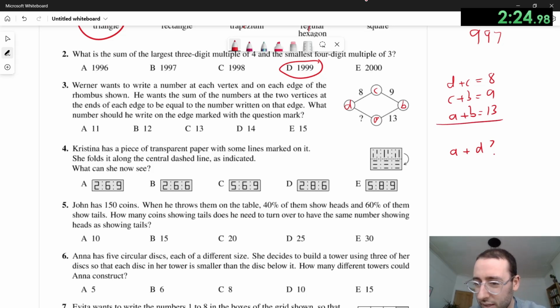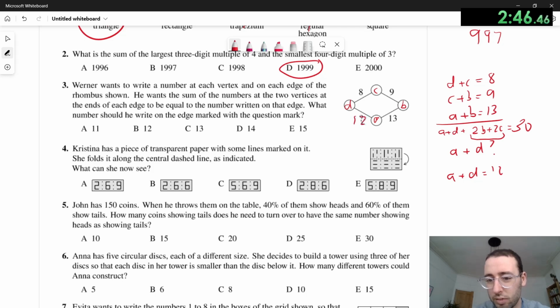If I add all these, I get A plus D plus 2B plus 2C equals 30, but B plus C is 18, so A plus D equals 12. So that's a 12. Okay, sure there's a better way to do that.